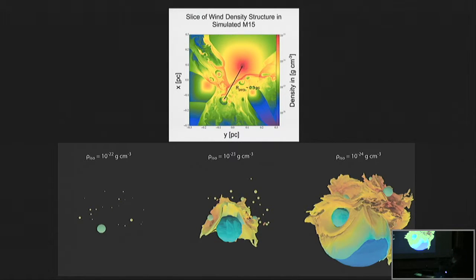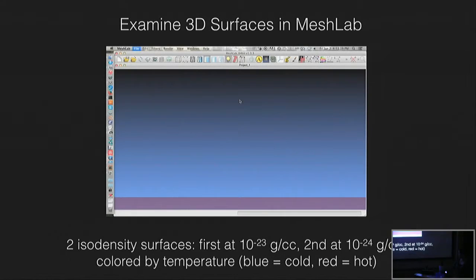As you go to lower and lower densities, you can start to see the shock structures form. At the lowest density material, you're at the cluster radius, and you can see that you're going to have some material coming out of this cluster that's quite cold from this large cold mass-losing star. But you're also going to have all of this hot shocked material, so you're going to have these different components coming out of your cluster.